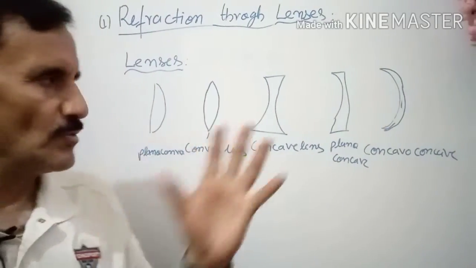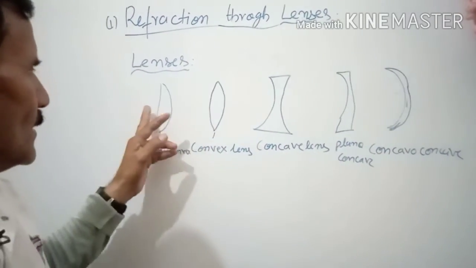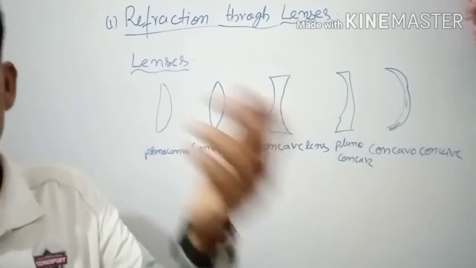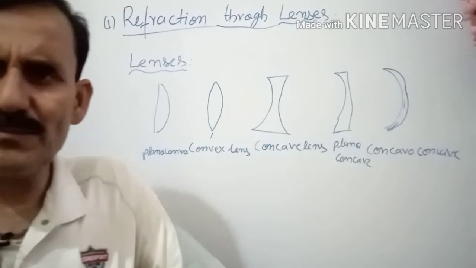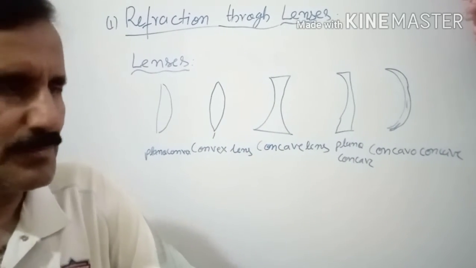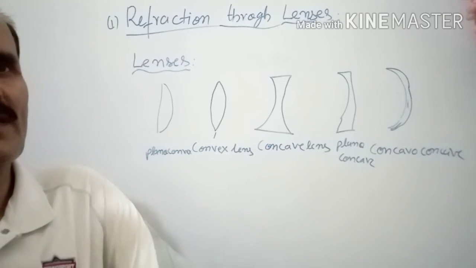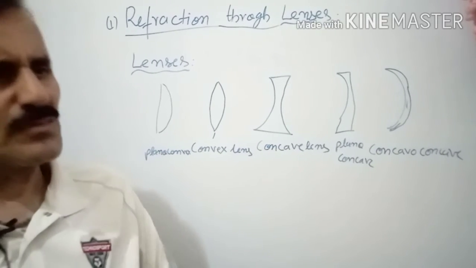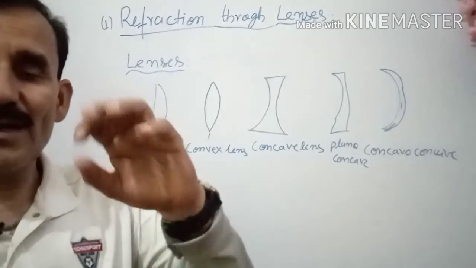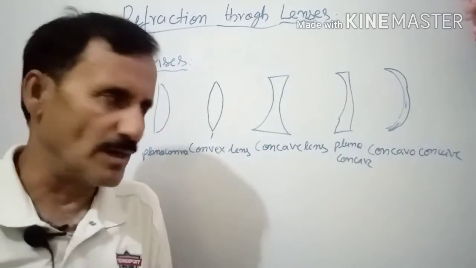Now from these you can define the lens. No doubt it is transparent, made up of glass or water. Any transparent medium. In the laboratory they are made up of glass, but when you are seeing a rainbow or other things, it can be made up of water or liquid also.